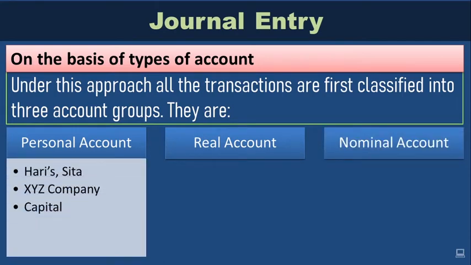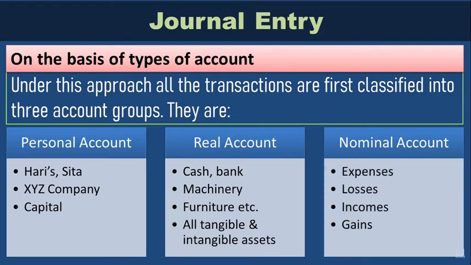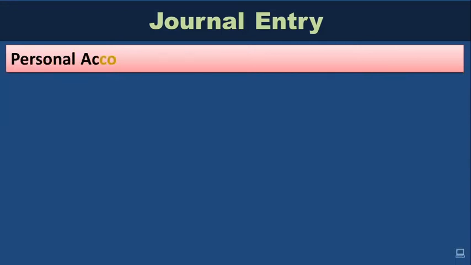Personal account includes Hari, Sita, Ram, Sam, whatever the name mentioned, and XYZ company, capital, etc. The real account includes cash, bank, machinery, furniture, land, building, any tangible and intangible assets which are worth something for the business. The last, nominal account, includes expenses, losses, incomes, and gains incurred by the business.